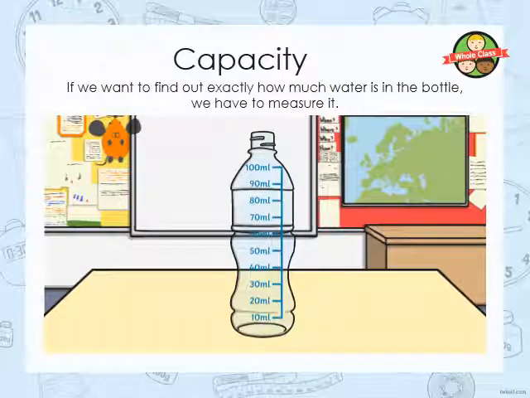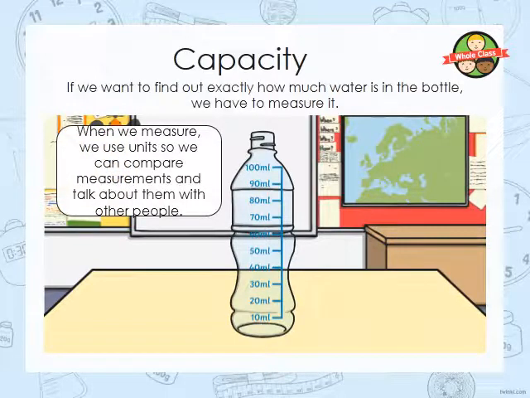If we want to find out exactly how much water is in the bottle, we have to measure it. What does it mean? If you want to know exactly how much water or milk or juice is in the bottle, you should measure it.